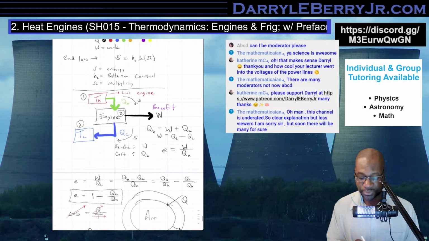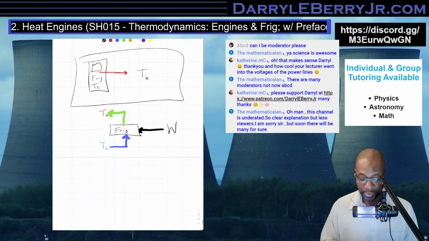Here we have the engine: we're pulling heat in, dumping heat out, and we get work from that. Here, we're using work to pull energy out of the cold part and dump it into the hot part so we can make the cold part cooler.